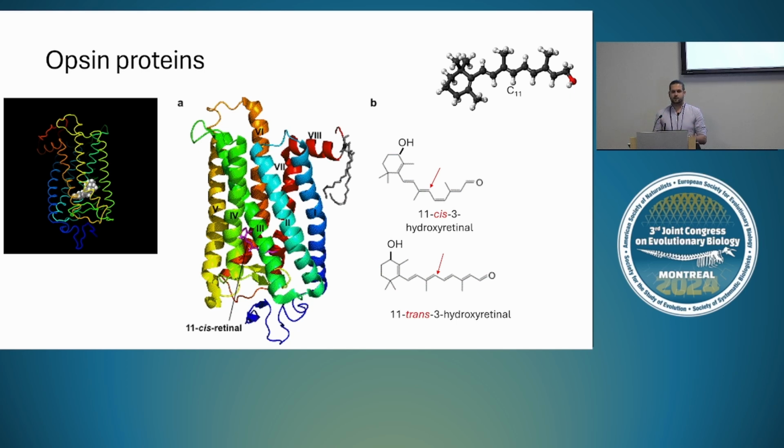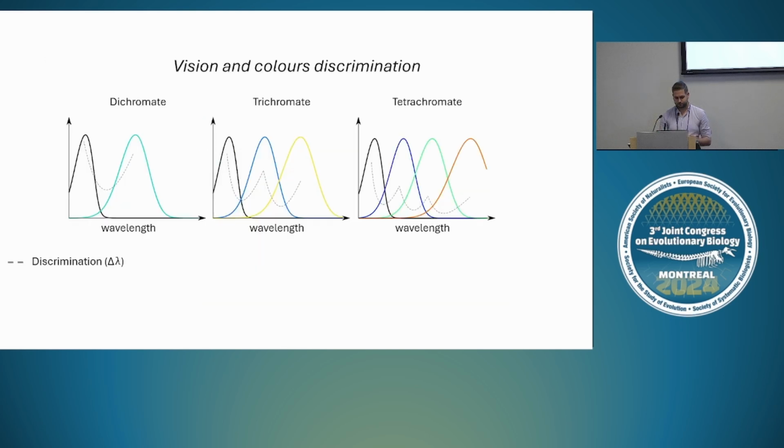All of these interactions provide the energy necessary for the chromophore to change its conformation and trigger the cellular cascade. So each time you have an opsin protein, the sequence of amino acids will define the energy necessary to trigger the cellular cascade, and so you can see different wavelengths.